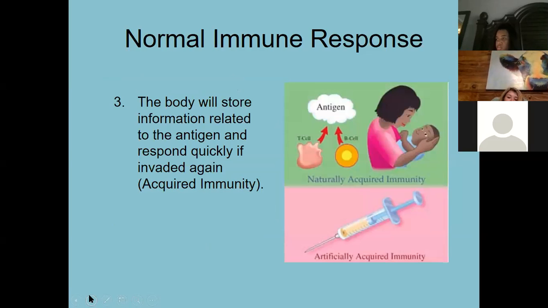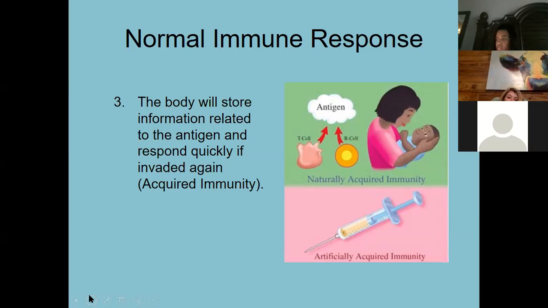Here's the good part. Once you've fought the infection off, your body stores information related to the antigen so that if you ever see it again, your body quickly fights it off and you don't get sick. That is your acquired immunity.